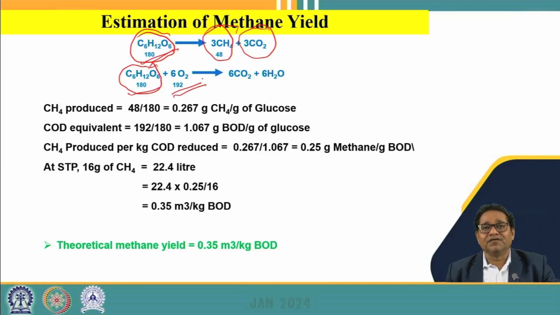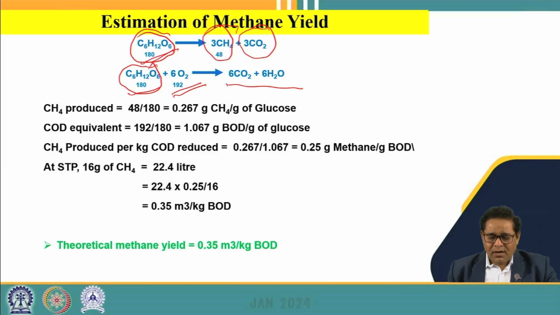If we see the stoichiometric relation of its oxidation by air, 1 mole of this compound, glucose, will require 6 moles of oxygen. So from this equation we can find its COD equivalent, and then finally calculate the methane yield per unit of COD equivalent or BOD equivalent.